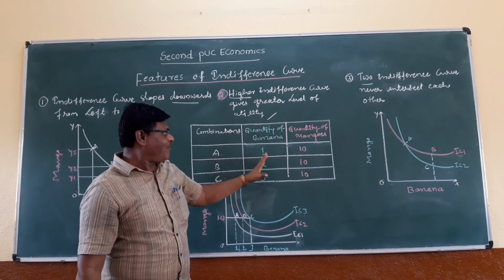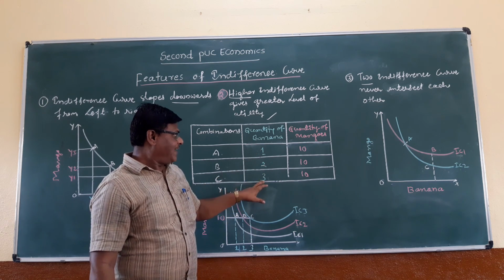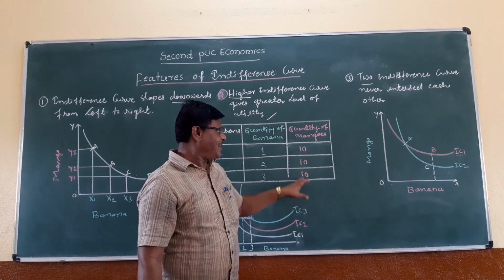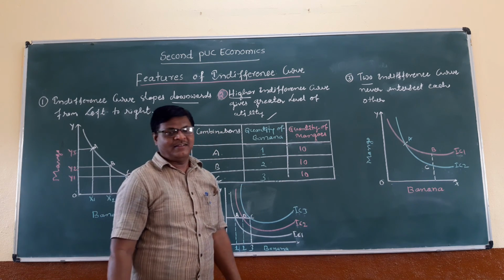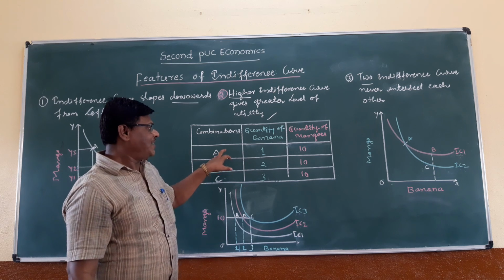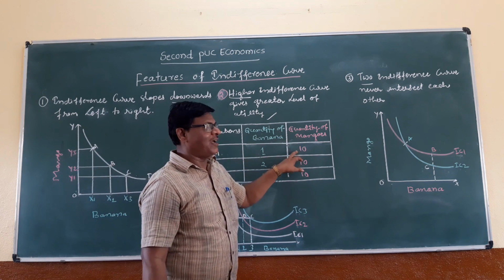The quantity of bananas is one good and the quantity of mangoes is another good. The combinations of bananas are 1, 2, 3, and mangoes are the same in the three combinations A, B, C. In combination A, there is one banana and 10 mangoes.